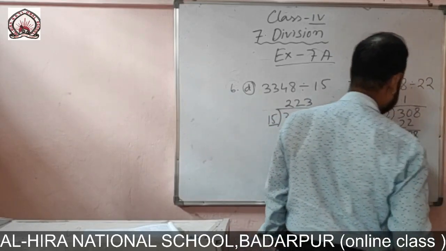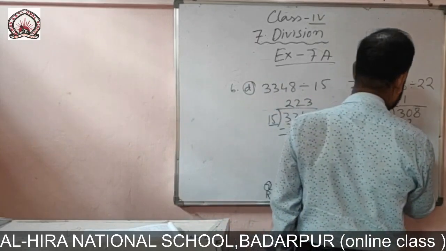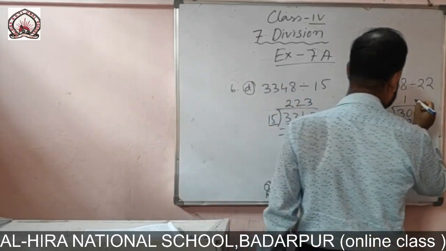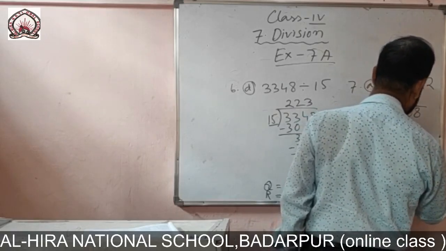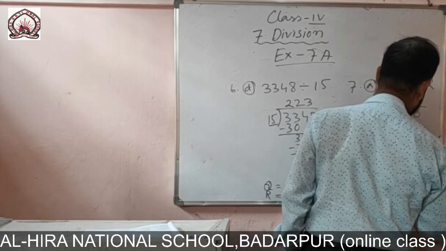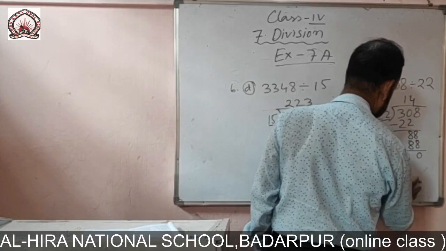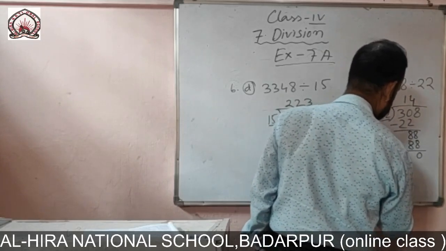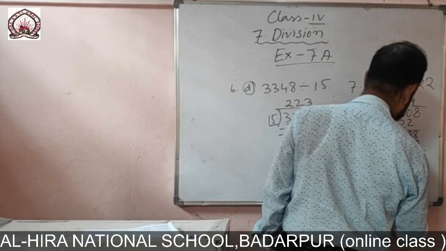So here we know 22 4s are 88. So there remain 0. Remainder is 0. Quotient equal to 14. Remainder equal to 0.